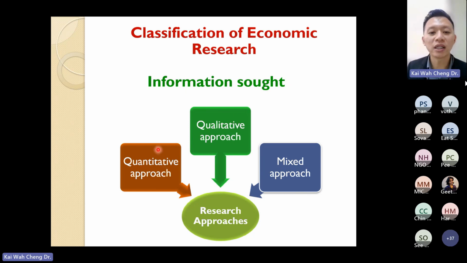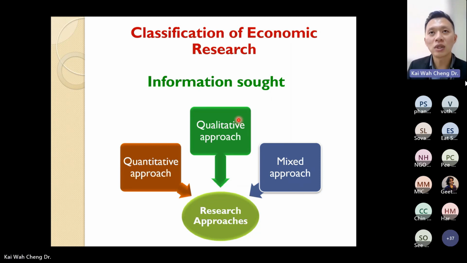Quantitative approach means you are conducting a quantitative research. For a quantitative research, it means you are collecting the data by using a survey questionnaire. So this is what we call quantitative research. Qualitative approach means we are conducting a qualitative research.